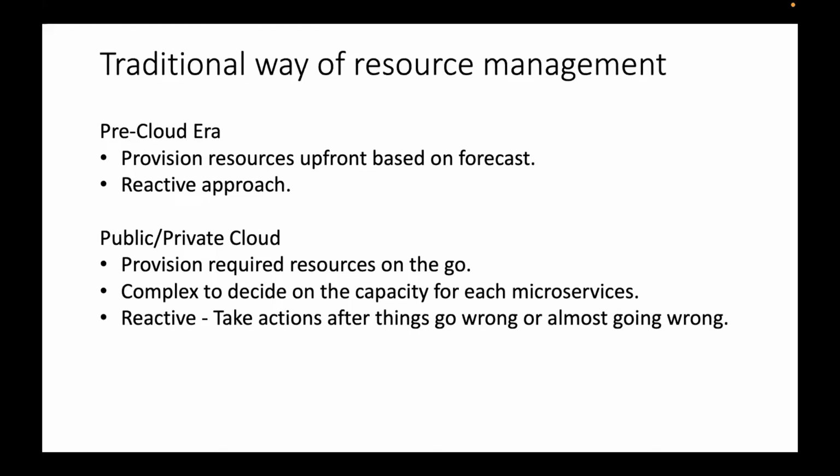Just think of hundreds of thousands of microservices running in that many containers in an enterprise. This again is still a reactive approach to deciding on capacity, either after the issue happens or just before it's going to happen, based on some threshold.